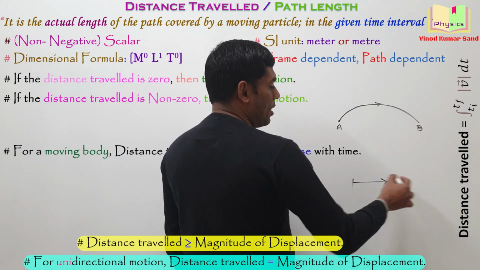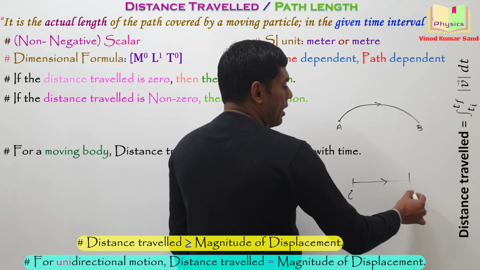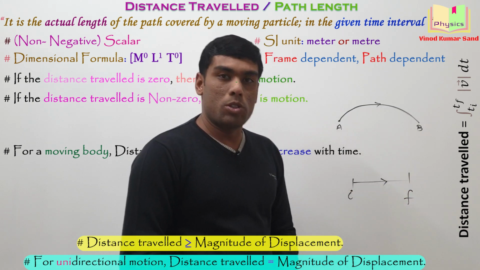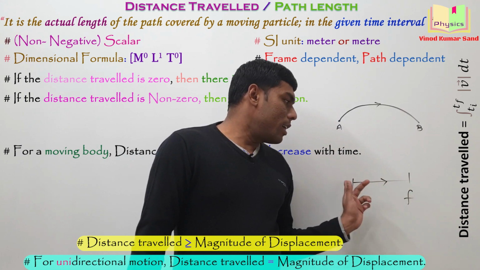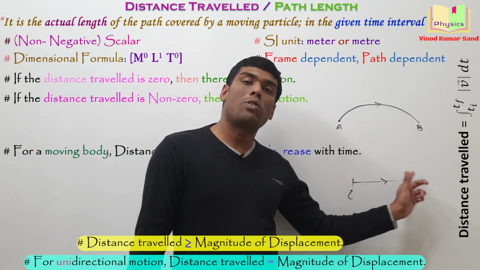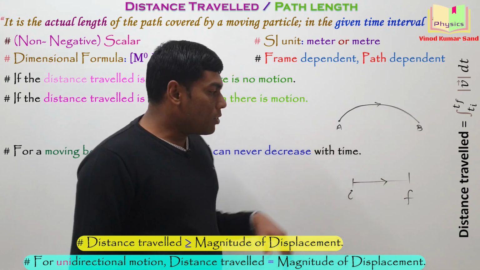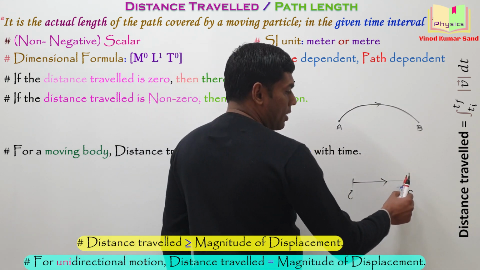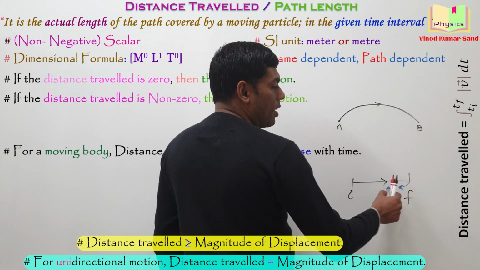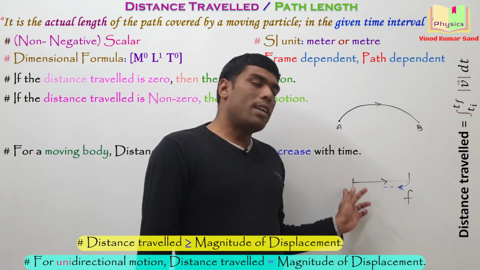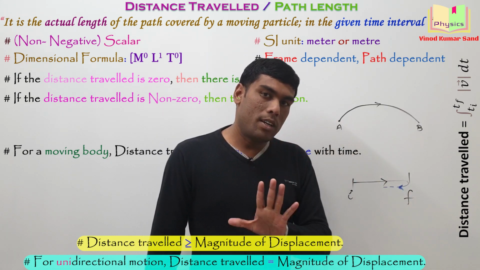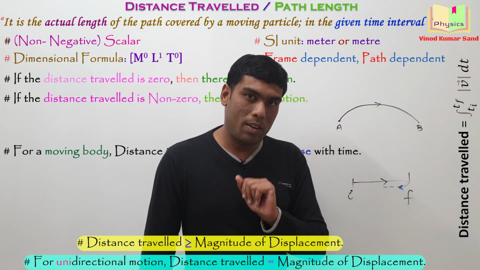It starts here, this is the initial position, and it ends here, this is the final position. Now the distance traveled and the magnitude of displacement will be same. Getting it? If the particle turns back, then the distance traveled and the magnitude of displacement will be different. I hope you understand this thing.